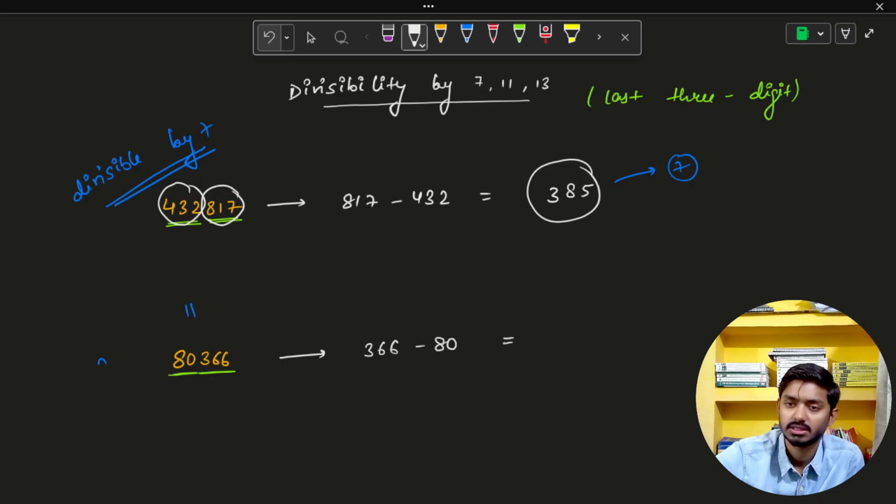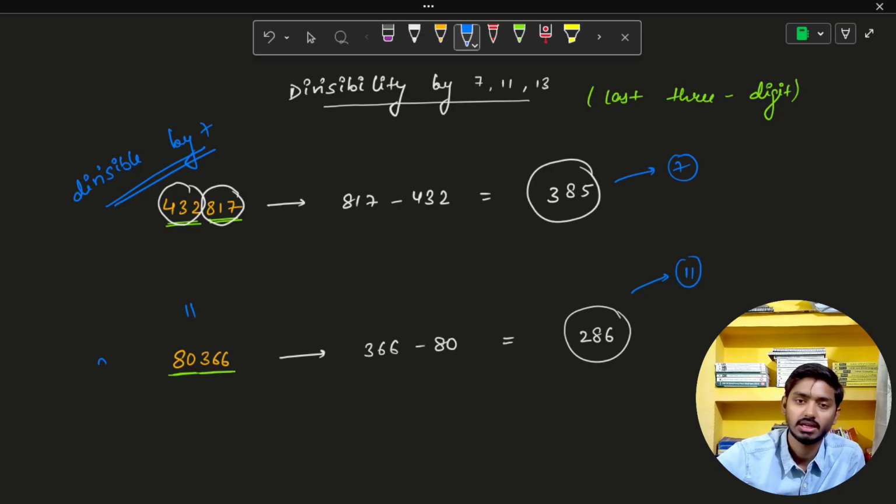We get 286. Now, as we can very clearly see, 286 is divisible by 11. So we'll say the entire number is divisible by 11.